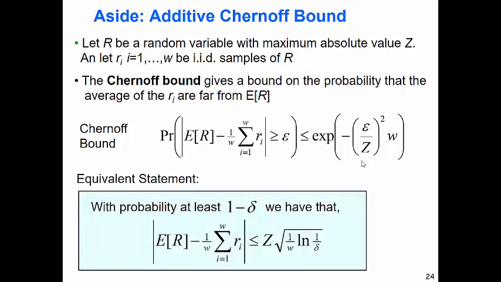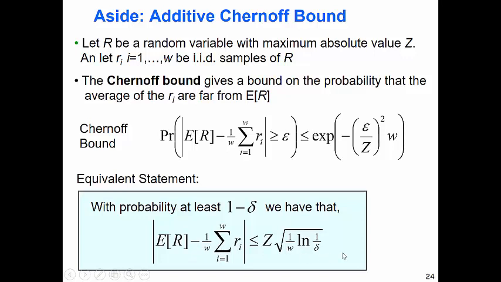And the other way of writing this, which is often the more useful way for your application, is equivalent to saying with probability at least 1 minus delta, our error is less than this quantity here.